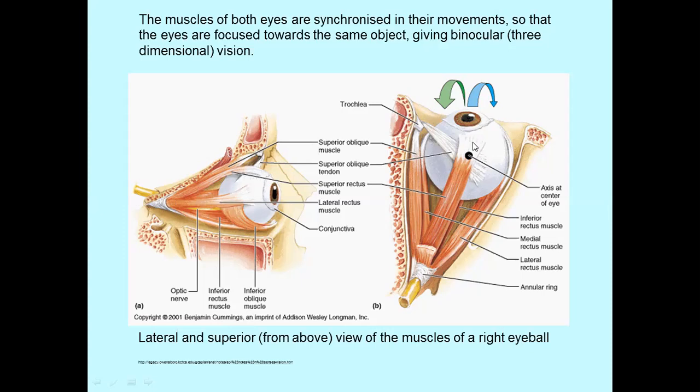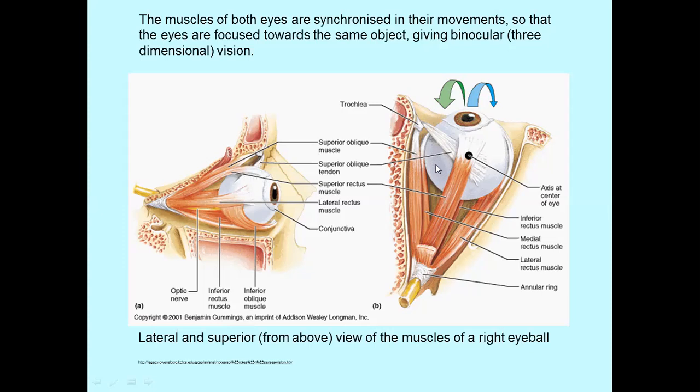You can see them over here on the right side. There's the superior rectus, there's the inferior rectus. Then there are the two that move the eyeball inwards or outwards.